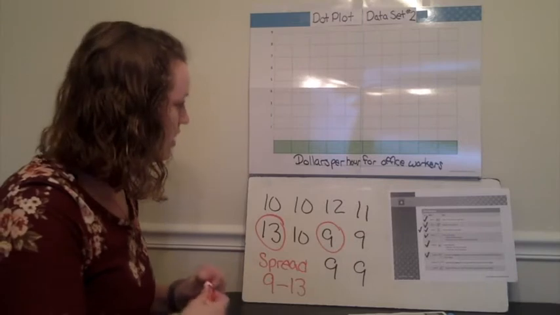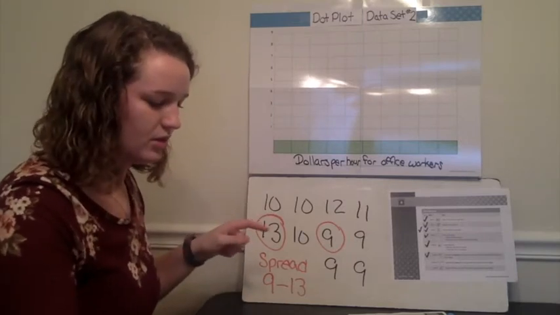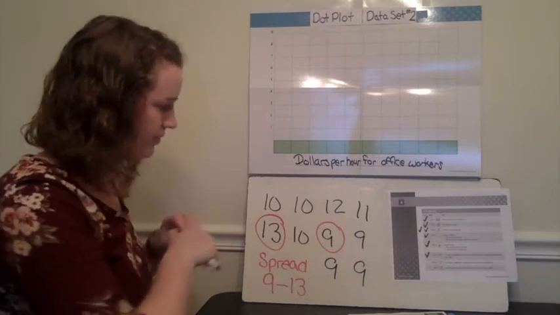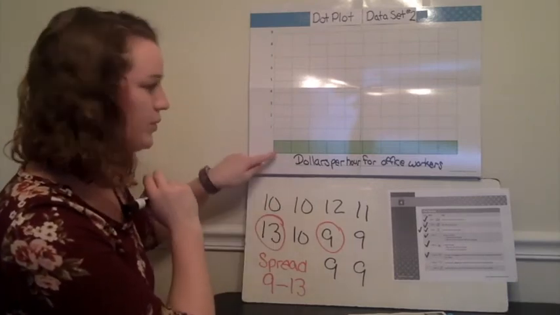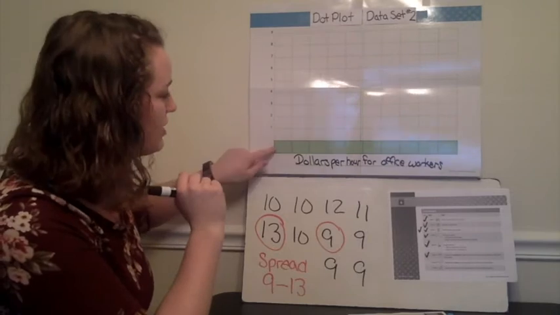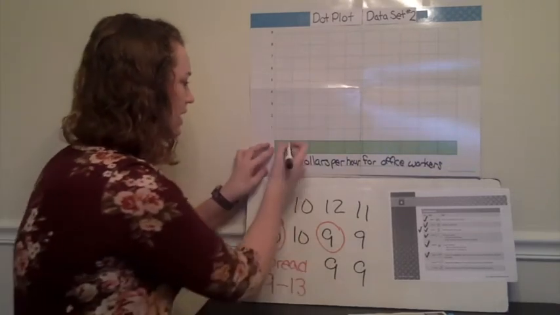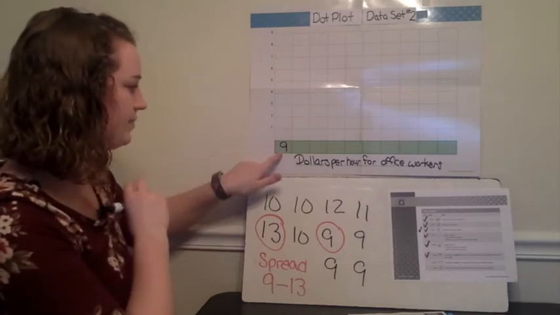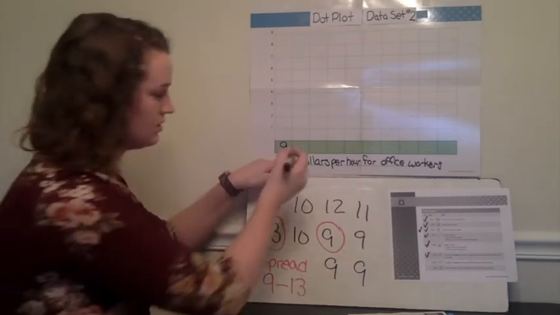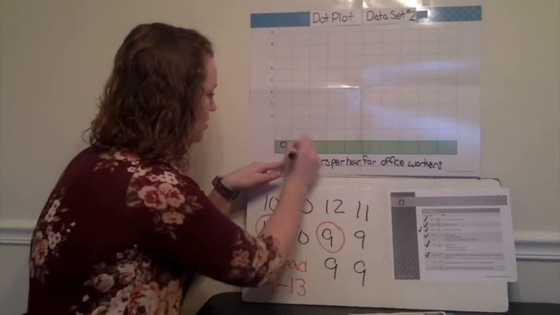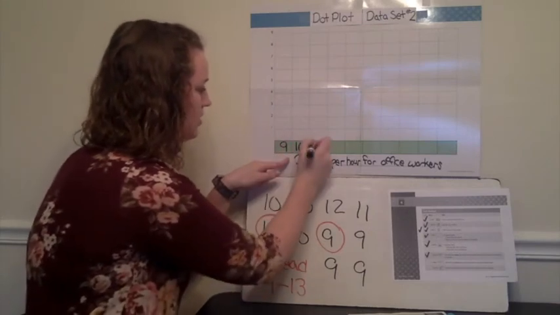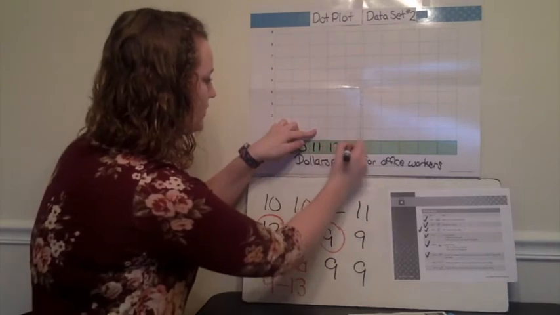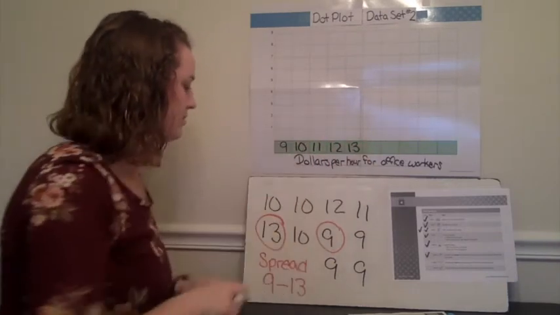Good. So on our graph here, we're going to start with our lowest number. Okay? So either write or glue down the piece of paper for our numbers. So we're going to have 9. What comes after 9? 10. 9, 10, 11, 12, and 13, right?